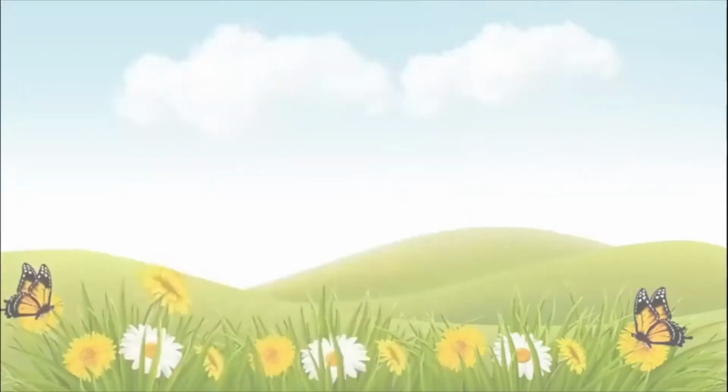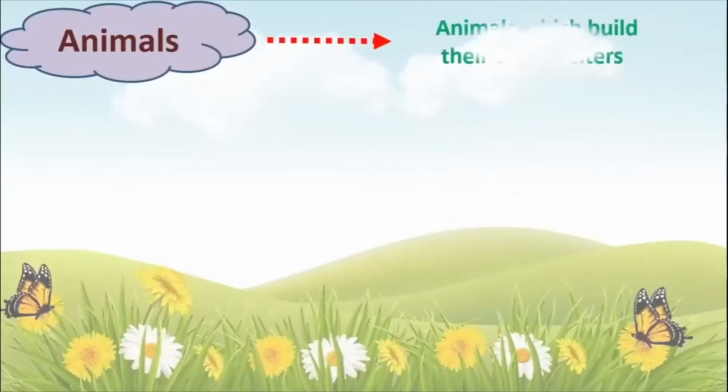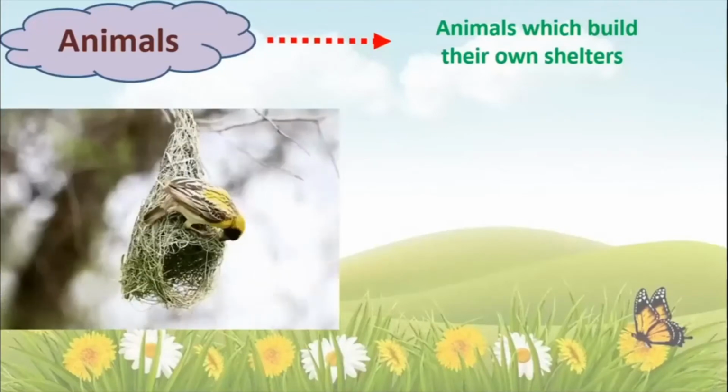Now let us go back to our animal friends, children, and let us see how many types of animals there are. So there are animals which make their own shelters. That is, they build their own shelters. So which are the animals which build their own shelters?